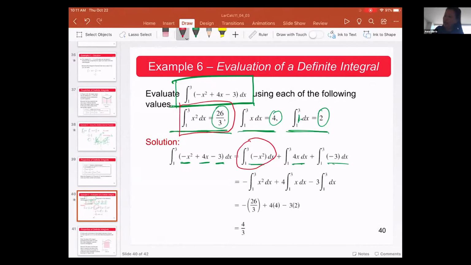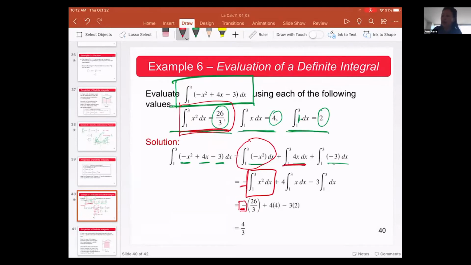So if I rewrite this problem and put the negative in front, this is exactly the same as that one. So I just need to put 26 over 3 and then put the negative in front. Okay, are you following me? Next one.